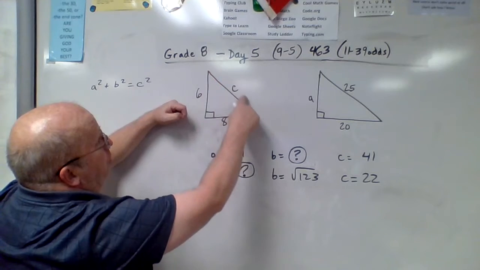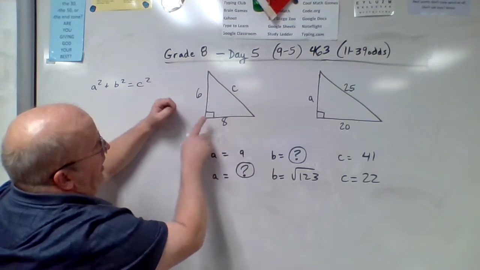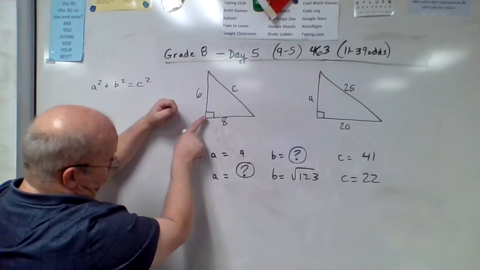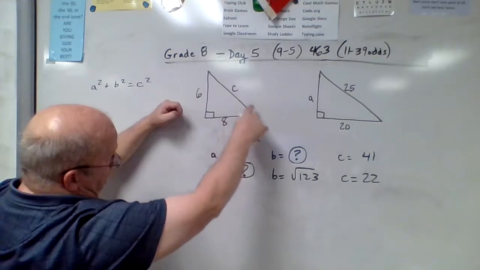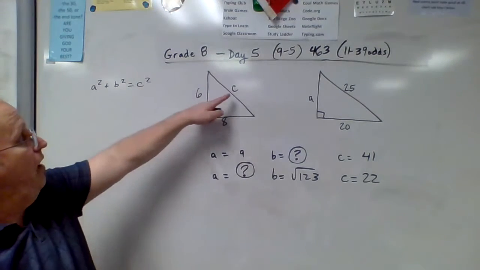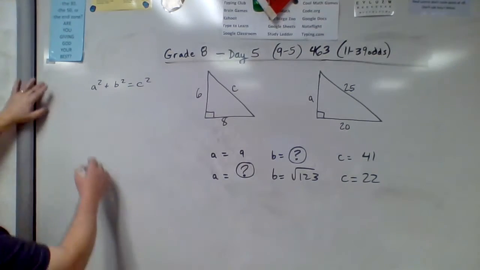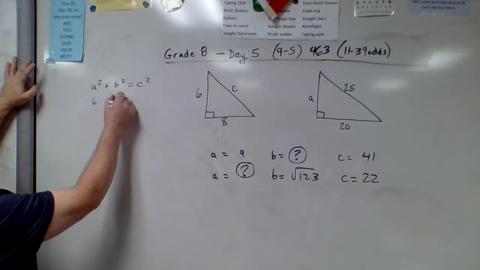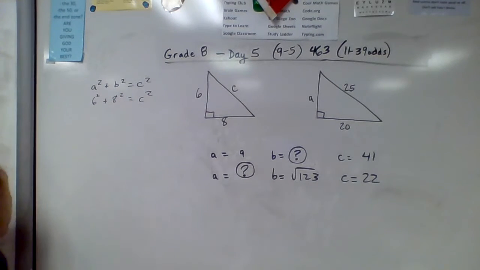The hypotenuse, or the c value, is always the longest side, and it's always the side that's furthest away from the right angle. And the hypotenuse has nothing to do with making the right angle. So in the case of this particular problem, to start off with, we know that the legs are 6 and 8. We're going to square them, and together they make c squared, or the hypotenuse squared.